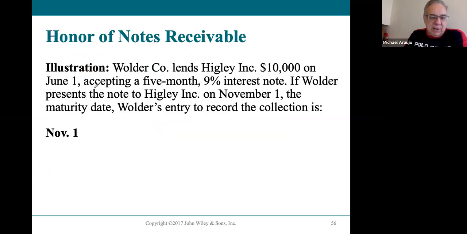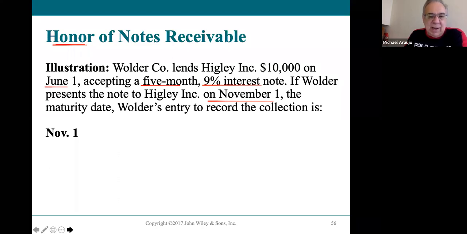So here is another illustration of a company that honored the note. Wolder lends Higley $10,000 on June the 1st. It's a 5-month note. So June 1st, 5 months: July, August, September, October, November. It's a 9% interest. That's an annual interest. So what happens on November the 1st when that gets paid?